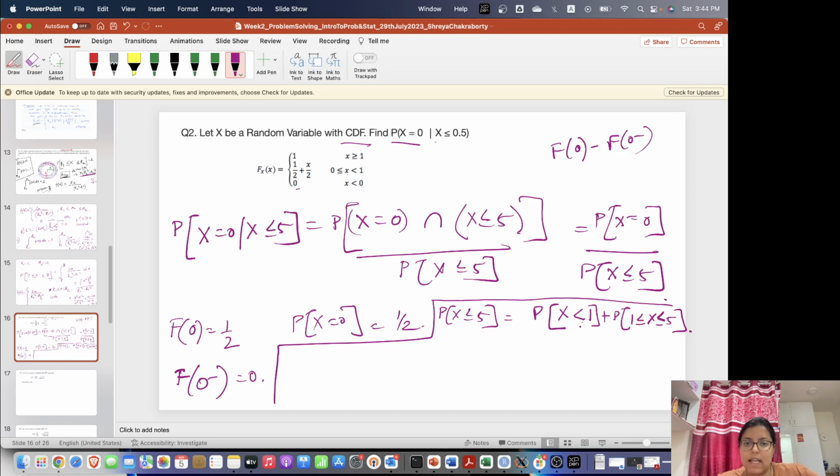Sorry, what am I doing? Probability x less than equal to half, one second. Okay, sorry, this is 0.5, my mistake.